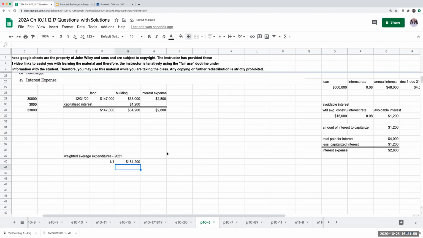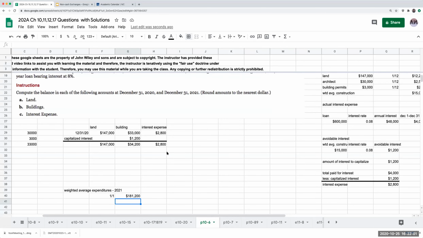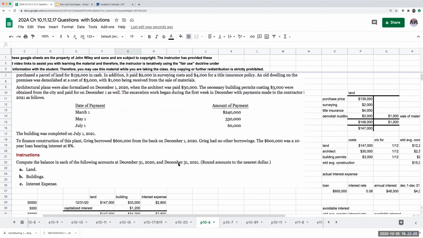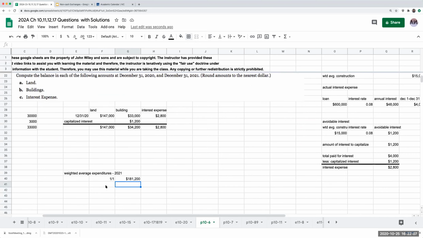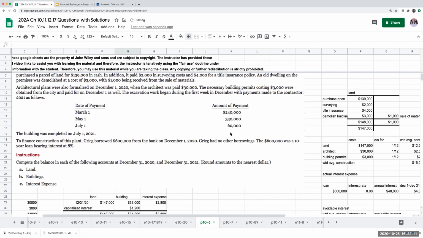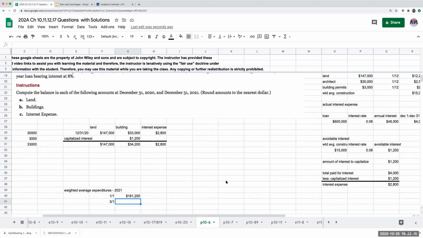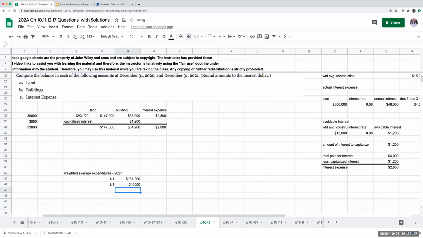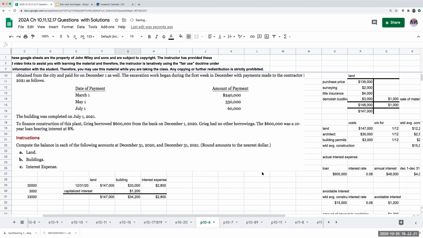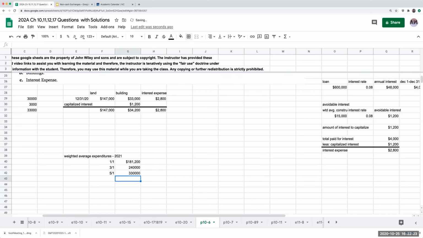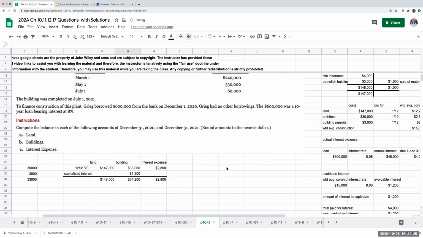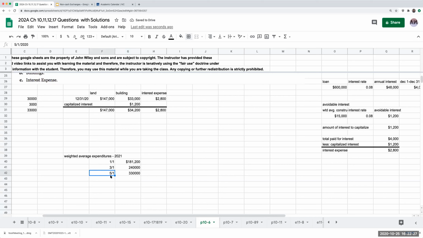That was outstanding as of the beginning of the year. So I need to take those into account. Then over here on March 1st, my amount was 240,000. And then on May 1st, it was 330. And then on July 1st, it was 60,000.